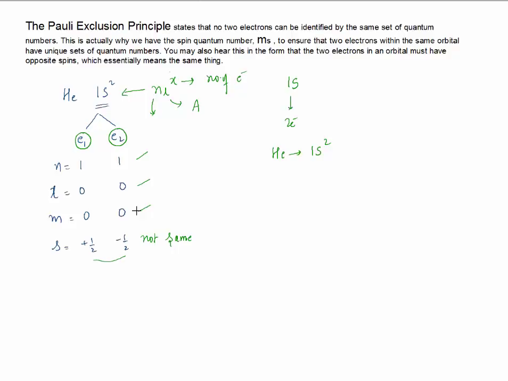Now, for example, if you are saying hydrogen's first electron, the quantum numbers will be n, l, m, s. The quantum numbers will be 1, 0, 0 and plus half. If you take helium's first electron, again the quantum numbers will be same. It is equal to 1, 0, 0 and plus half.